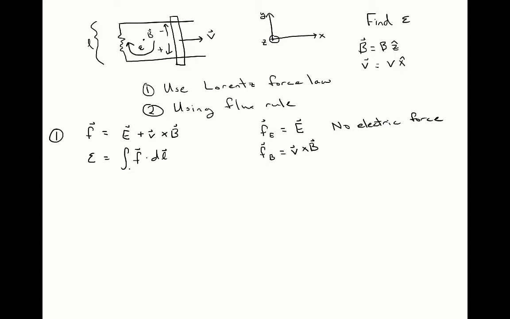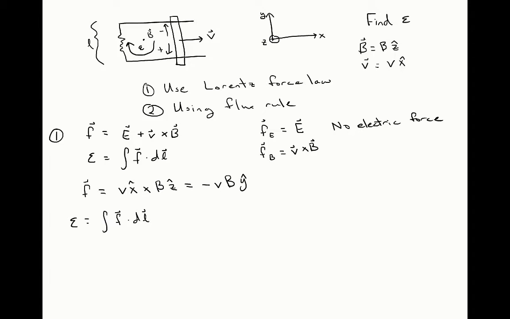If you want to reconcile this mathematically, what do we have? So we have little f, there is no electric field. And then we have v, so v is V x hat crossed with B z hat. And if you do the cross product, you end up with minus VB y hat. Okay, now we need to plug that into this.